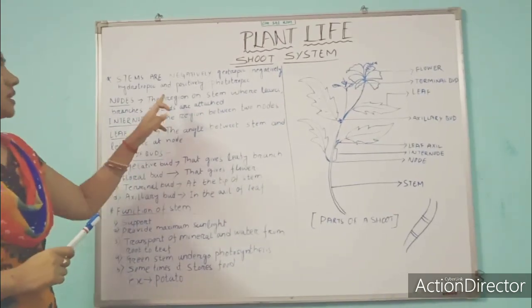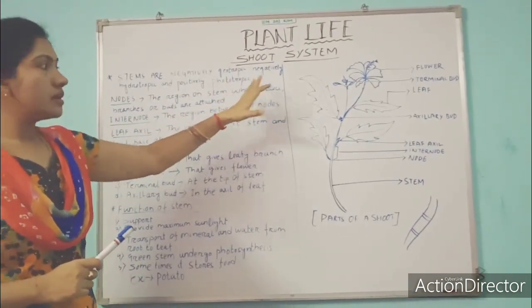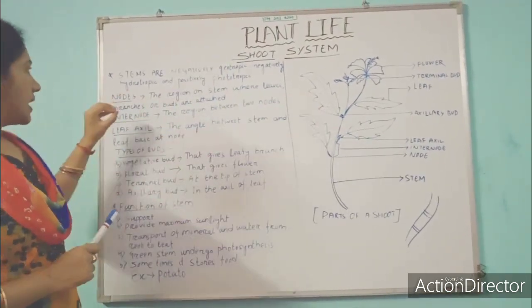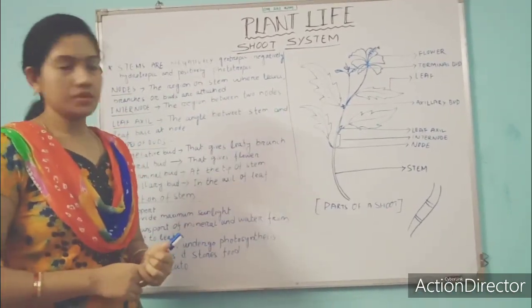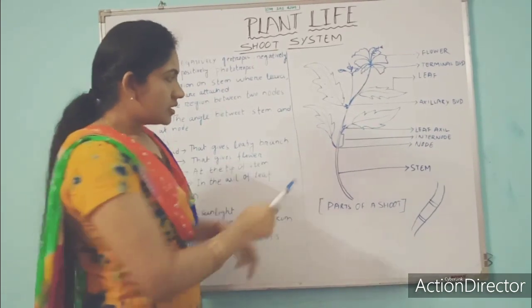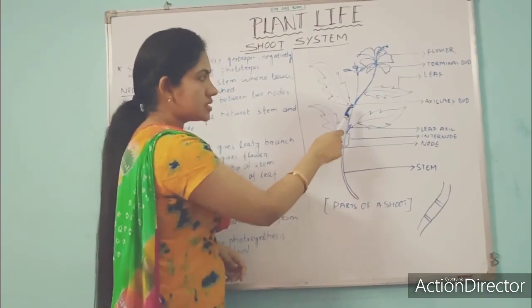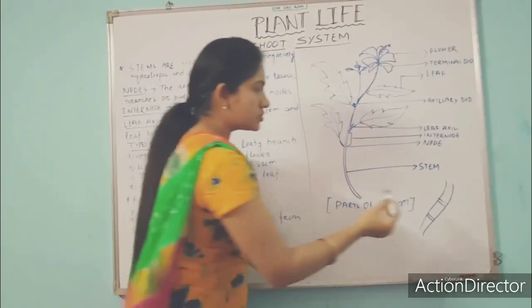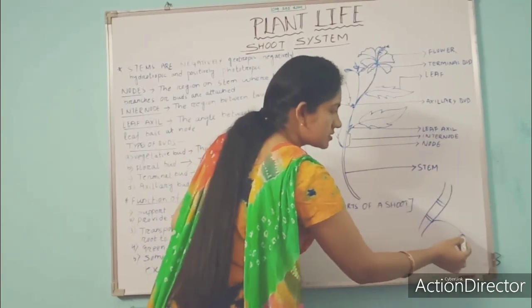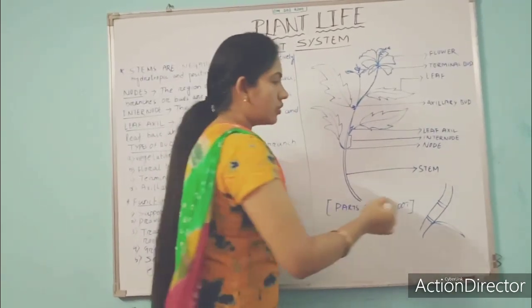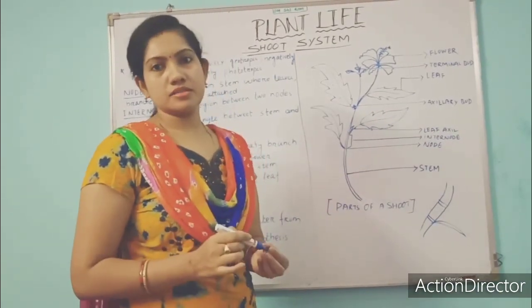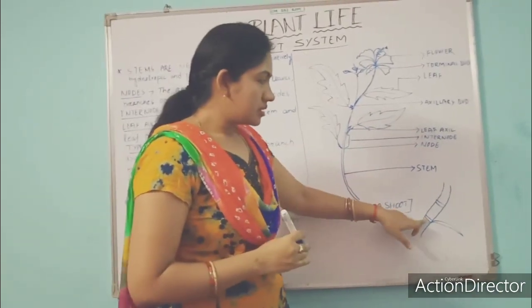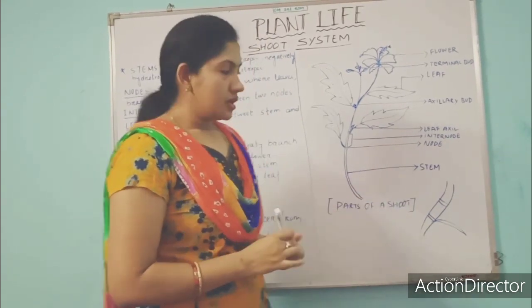Nodes are the regions on the stem where leaves, branches or buds get attached. You can see here these are the nodes. In nodes only the leaves or the branches or the buds get attached. This structure we call nodes.